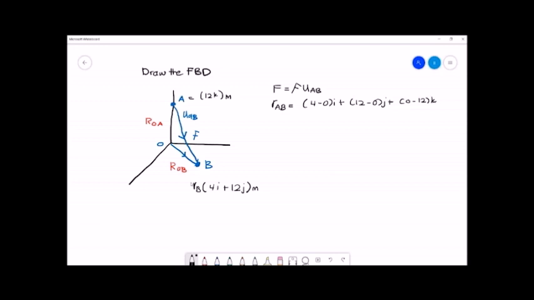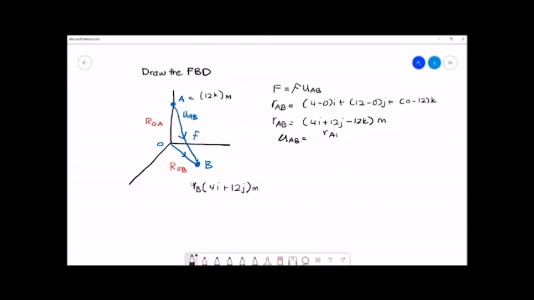So r_AB is equal to 4i plus 12j minus 12k meter.